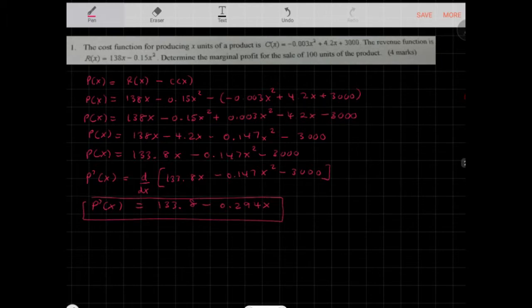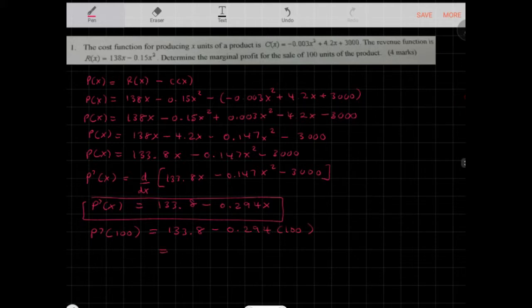And we're not done yet because we want to find the marginal profit for the sale of 100 units of the product, right? P prime of x, I'm going to plug in 100 units. P prime of 100 is equal to 133.8 minus 0.294 times 100.